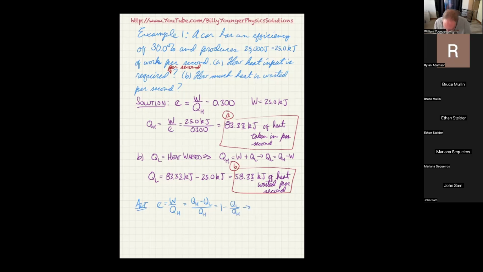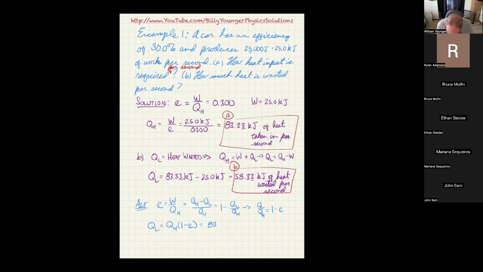Then from that, you could say QL over QH is equal to 1 minus E. Then you could say QL is equal to QH times 1 minus E.